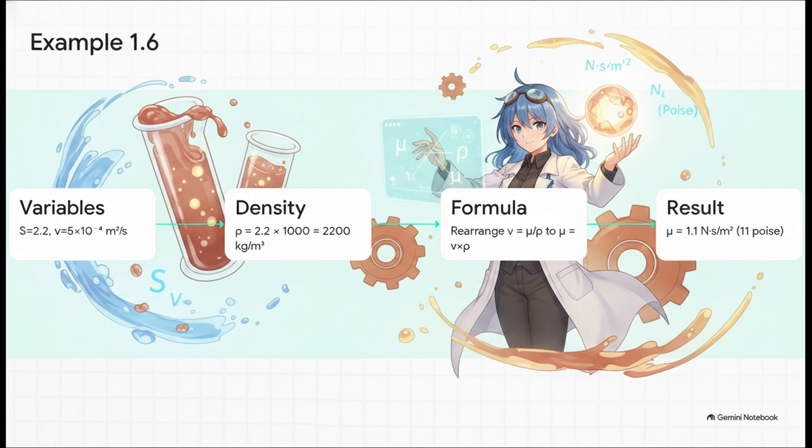Next, we grab our kinematic formula, nu equals mu over rho, and rearrange it. Multiplying our given kinematic viscosity by our newly found density converts specific gravity into a true dynamic viscosity of 1.1 newton seconds per square meter, or if you prefer the classic units, exactly 11 poise.